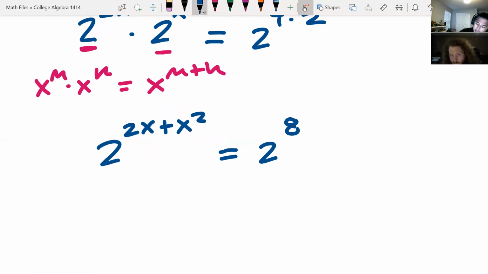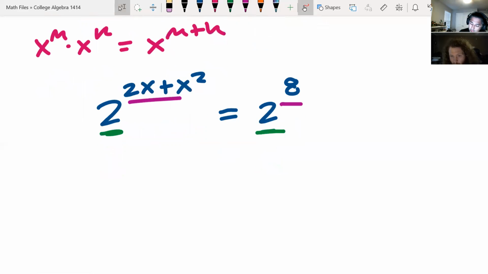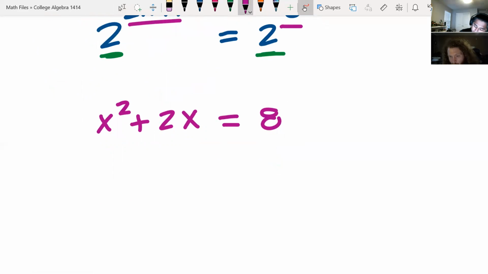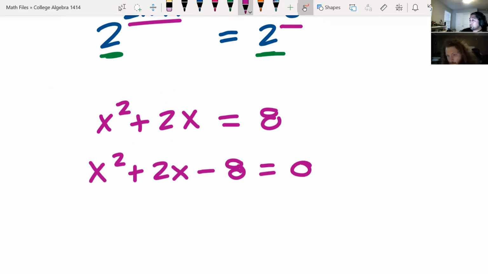And then these bases are the same, so we set the exponents equal to each other. I'll write it with highest power first: x squared plus 2x equal to 8. Move the 8 over: x squared plus 2x minus 8 equal to 0.